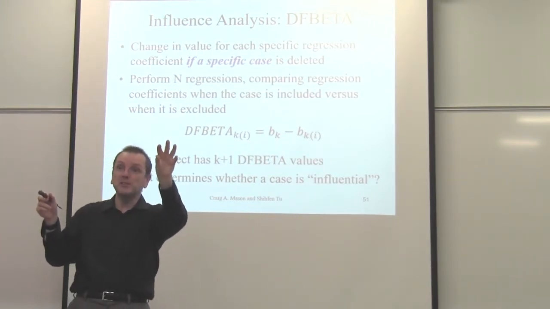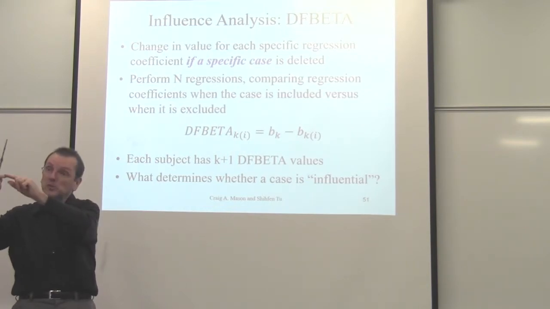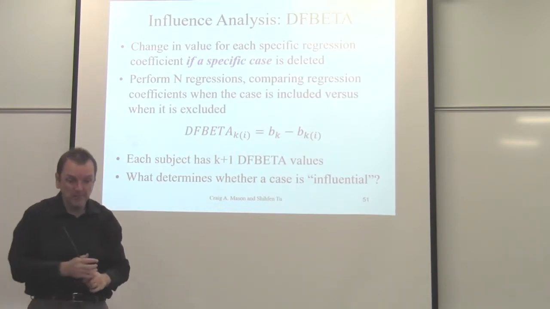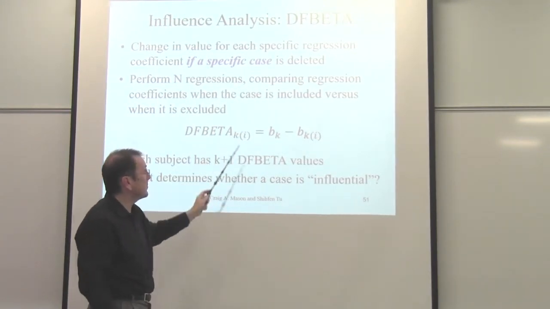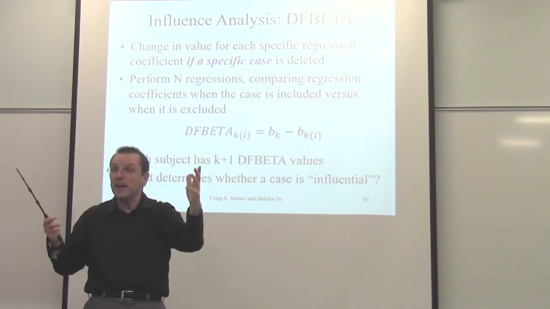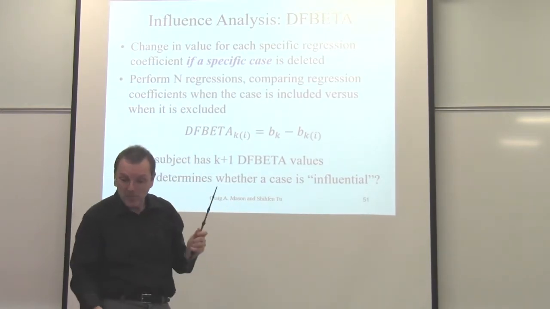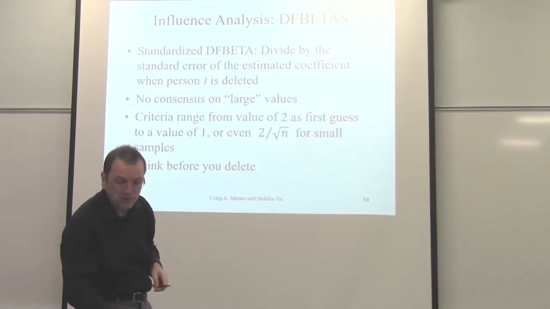If you've got a big Cook's distance on a record, are there specific regression coefficients that seem to be in play for that person? Or is it just kind of across the board? There's no criteria because you're looking at differences in the standardized coefficients. How big it is, just looking at that number, is hard to evaluate. How do you determine something's influential?